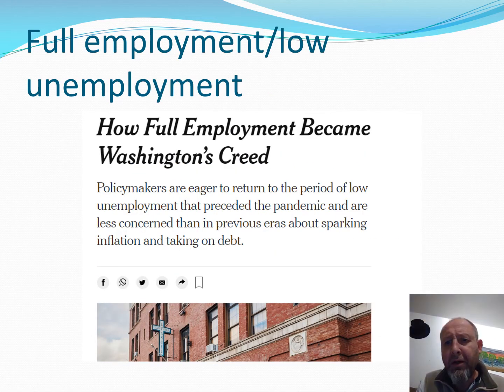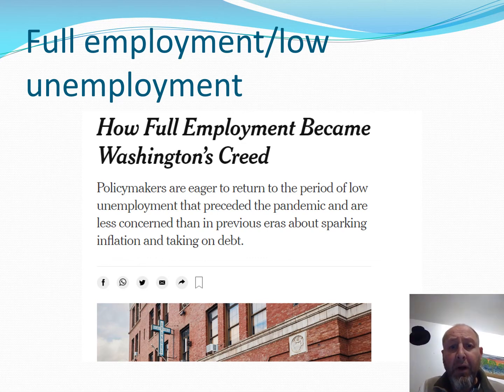Okay, so looking locally and globally, and here is something local to Washington in the USA. Now, this is the concept of full employment or low unemployment.